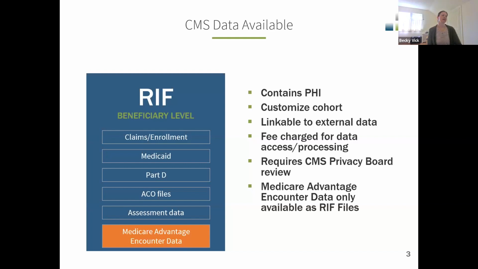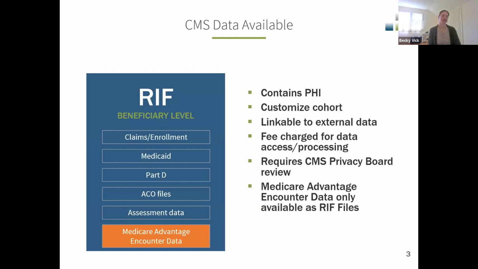Researchers can customize the individuals included in their data when they're constructing a research project, and they can tailor a cohort based on criteria such as geography, diagnosis, procedure, or service.